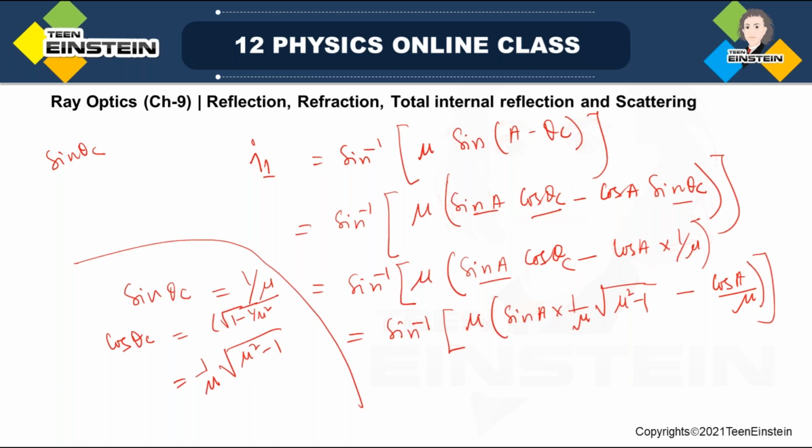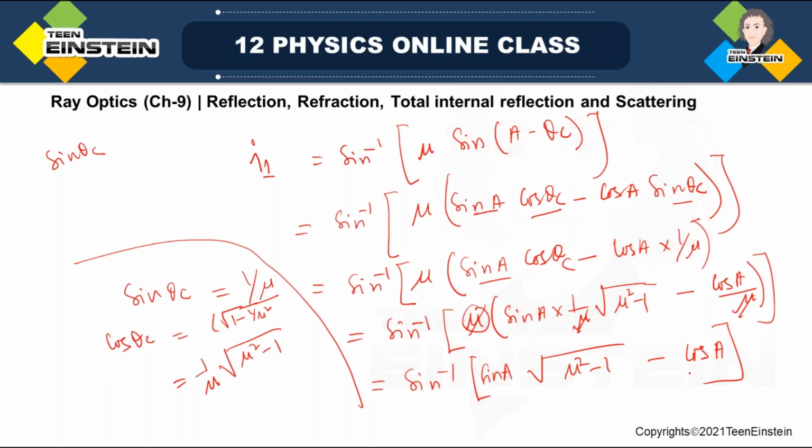Now if I multiply by mu, this gets cancelled, so I have a nice form: sine of A into the square root of mu squared minus 1, minus cos of A.